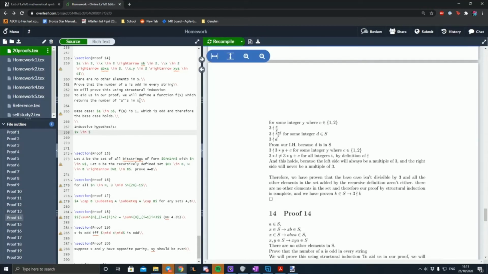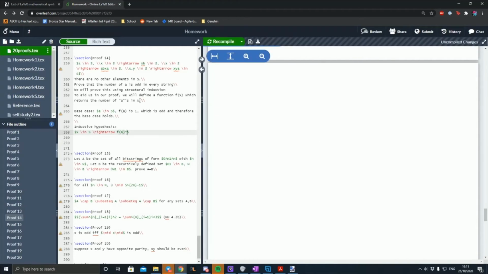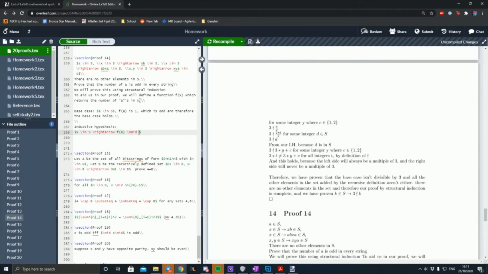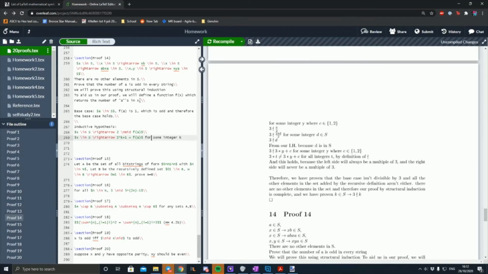So we can say if x is in S, then f of x divided by 2 has remainder 1, which is the same as saying that 2 times k plus 1 is equal to f of x for some integer k.